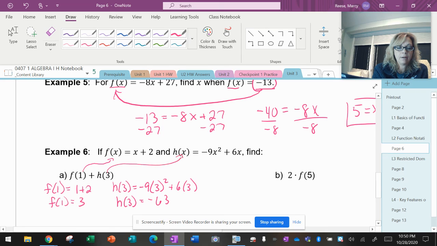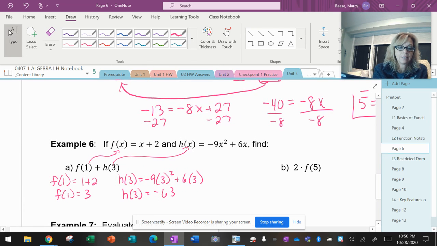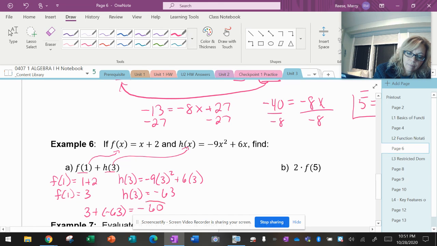So I put 1 in for the f function, 3 in for the h, and then it's going to come back here and you're going to take those results and add them. So you're going to take 3 plus negative 63, right? And you're going to end up with negative 60 as the final answer, okay? Because they want you to get those two and then add them.